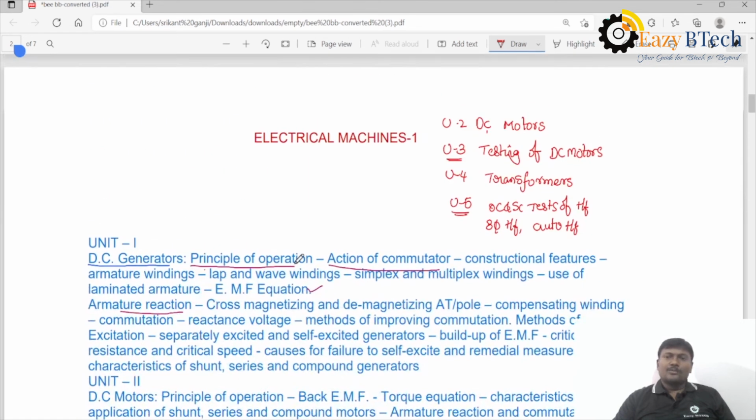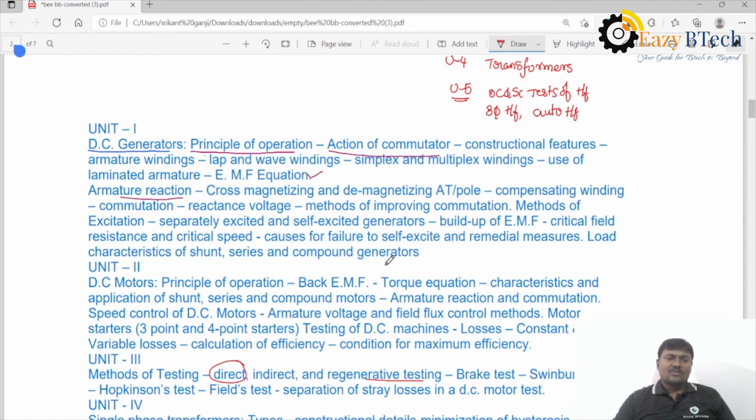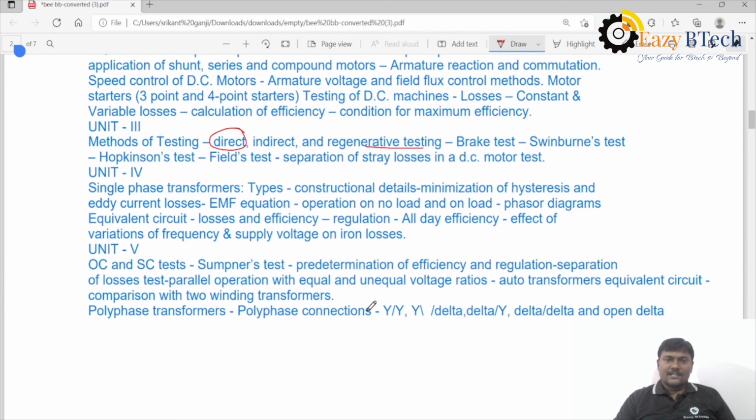And the fourth unit is very easy, that is the single phase transformer. Again, it is construction, principle of operation, EMF equation. This is the construction details, and what losses are there, and the EMF equation, and the operation of a single phase transformer under no load condition and on load condition, and what the phasor diagrams are, and what the equivalent circuit is, losses and efficiency, regulation, all-day efficiency, effect of variations of frequency and supply voltage on iron losses.